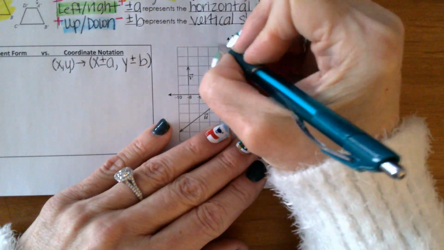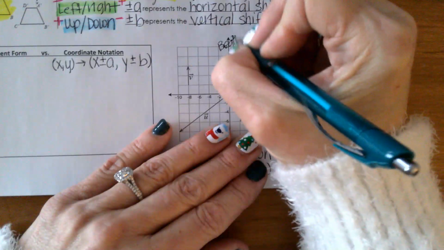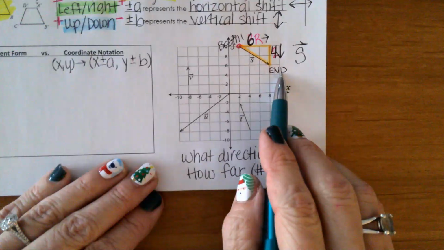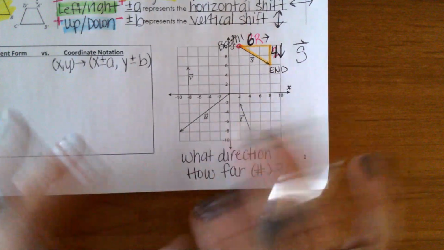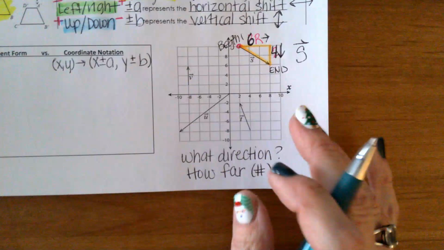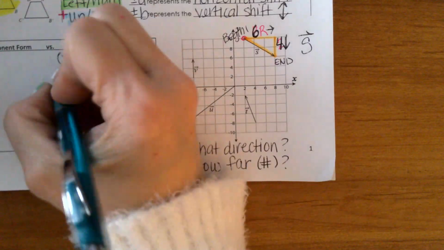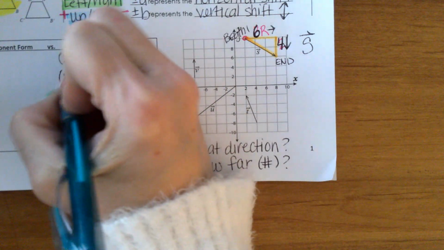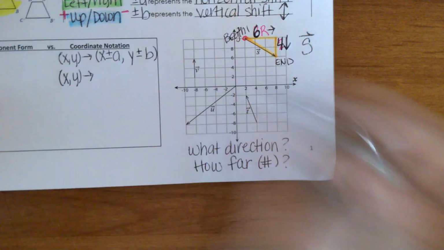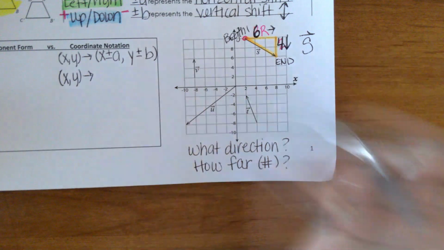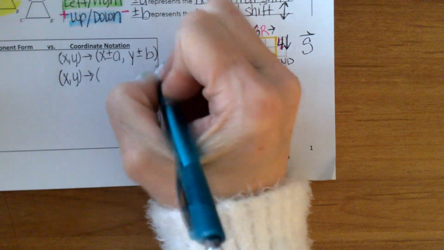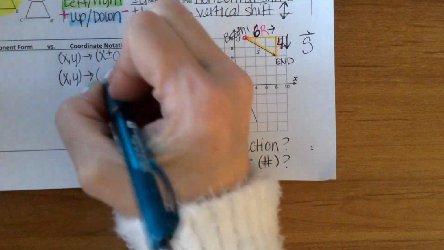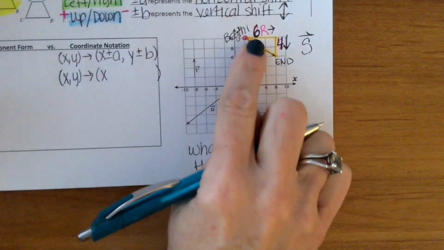This would be the beginning. So the beginning is where there is no arrow. The end is where there is an arrow. The arrow is pointing to the end. So, in order to write a rule for that movement, you would write down x comma y arrow, and then we're going to fill in numbers for A and B. I'm going to write x, and then do you see this 6?